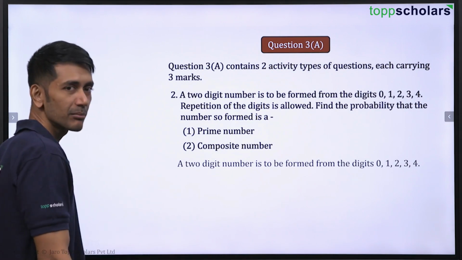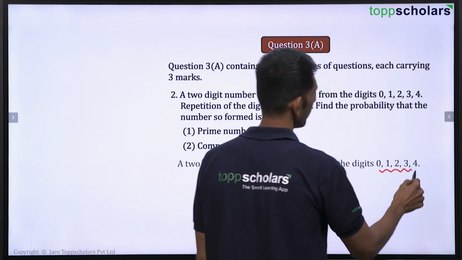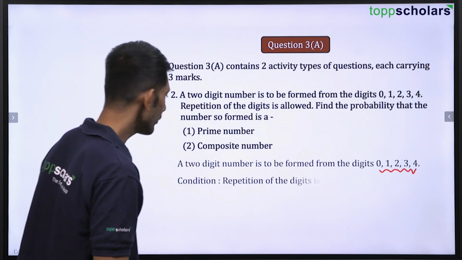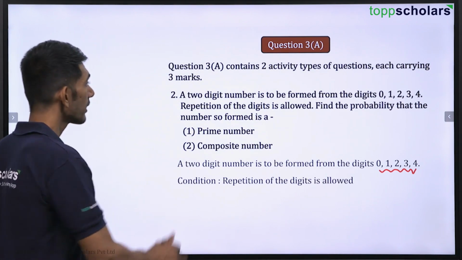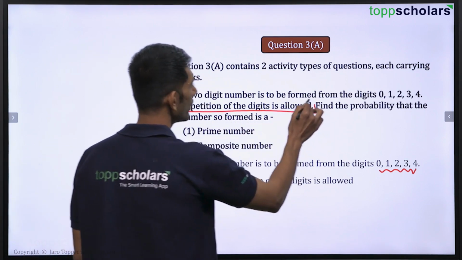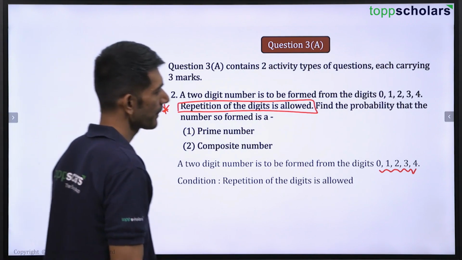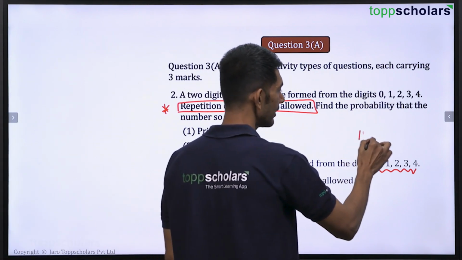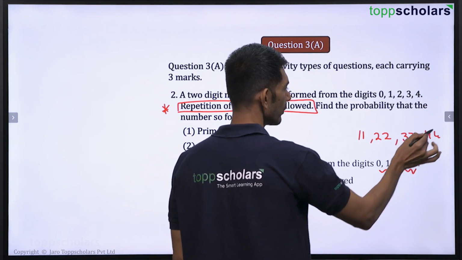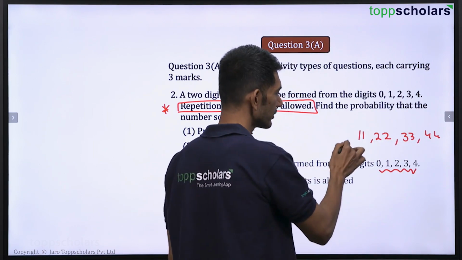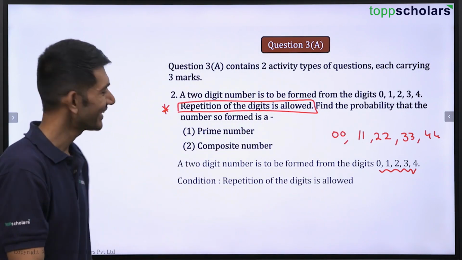So we need to form a 2-digit number, and the condition is repetition is allowed. Very important term here, repetition is allowed. That means numbers like 11, 22, 33, 44 should be taken into consideration. 0, 0 we cannot take because that is not a 2-digit number, right?